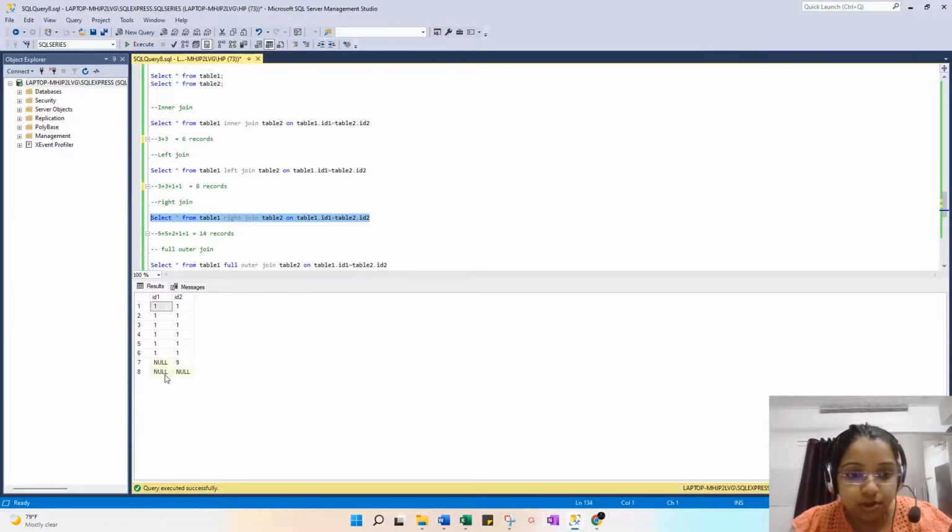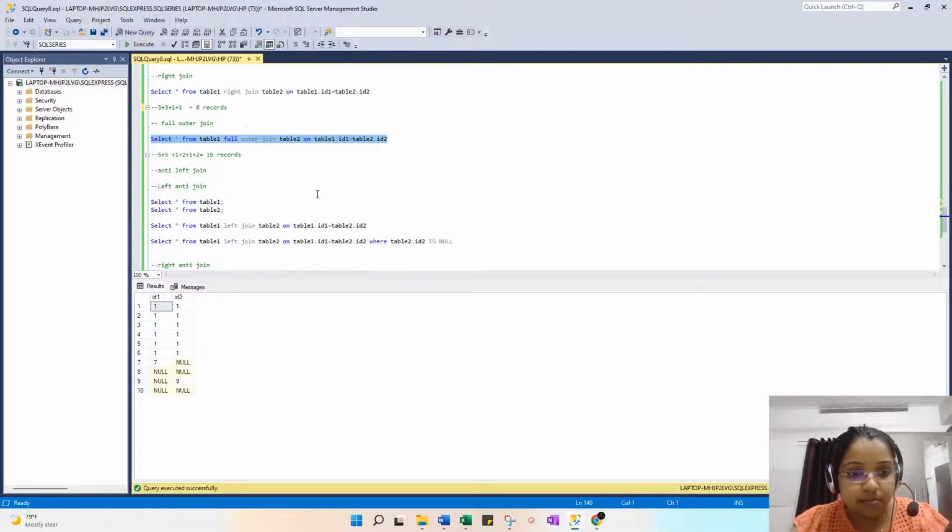In the right join also you can see total 8 records. And in the full outer join you can see 10 records, total 1 plus 1 plus 1 plus 1, so that means total 10 records.